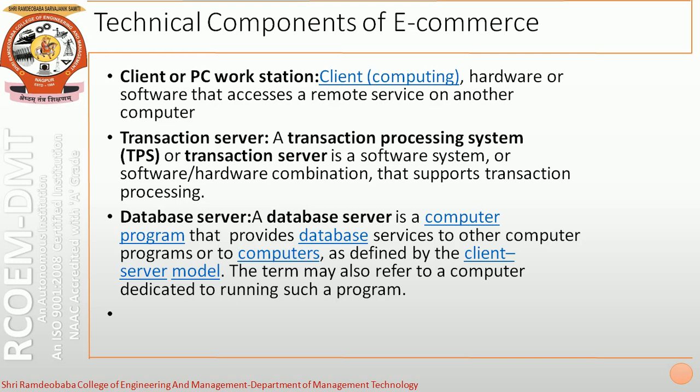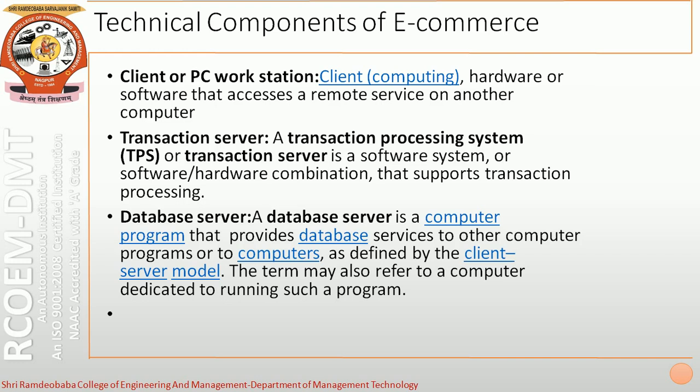So once the client places, for example, an order, there has to be a client machine which can access a remote service or another computer, and then a transaction server, a software system, or a combination of software and hardware, that basically facilitates the transaction.